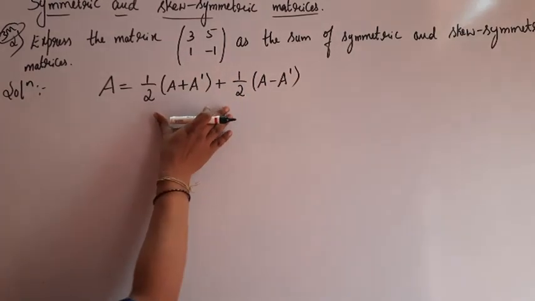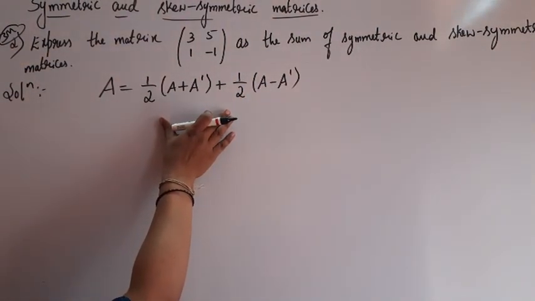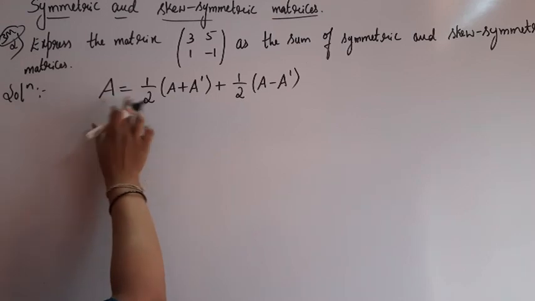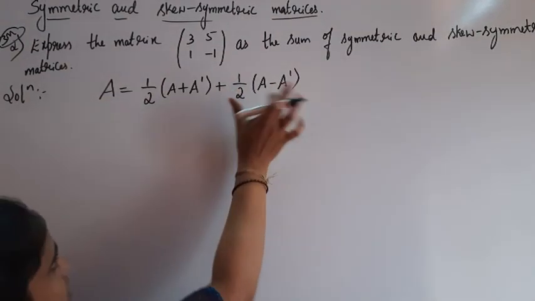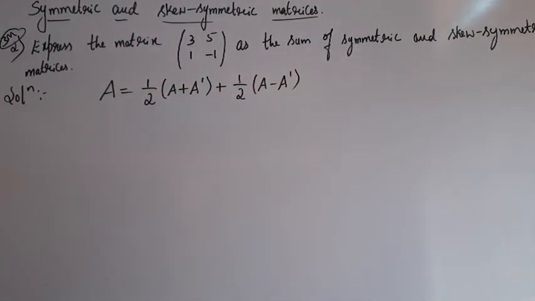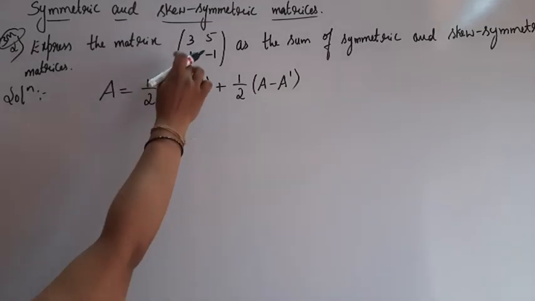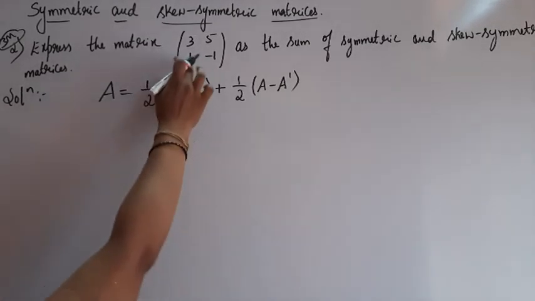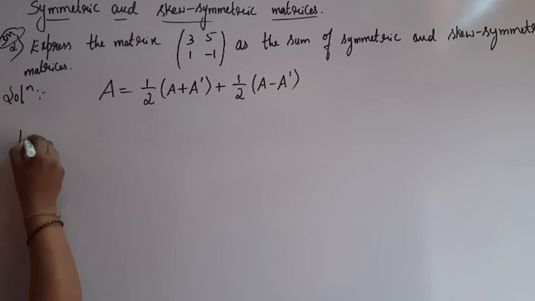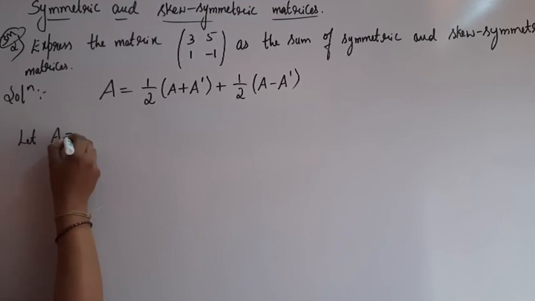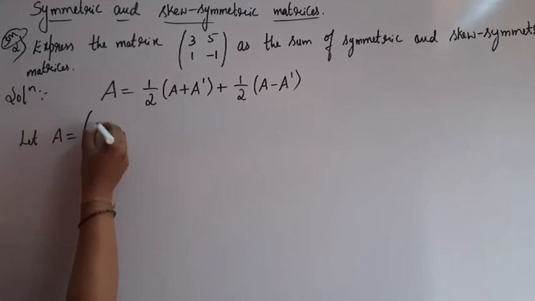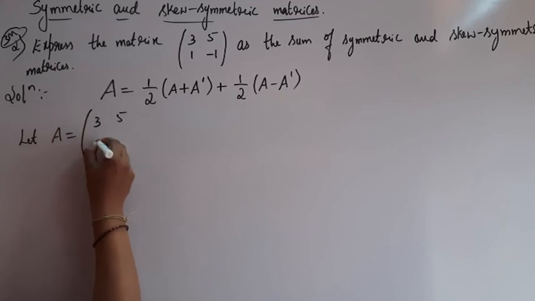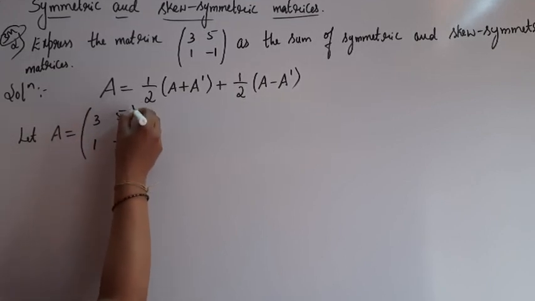This is the expression to express the given matrix as the sum of symmetric and skew-symmetric matrices. Let us take the given matrix as matrix A. Let matrix A equal 3, 5, 1, minus 1.